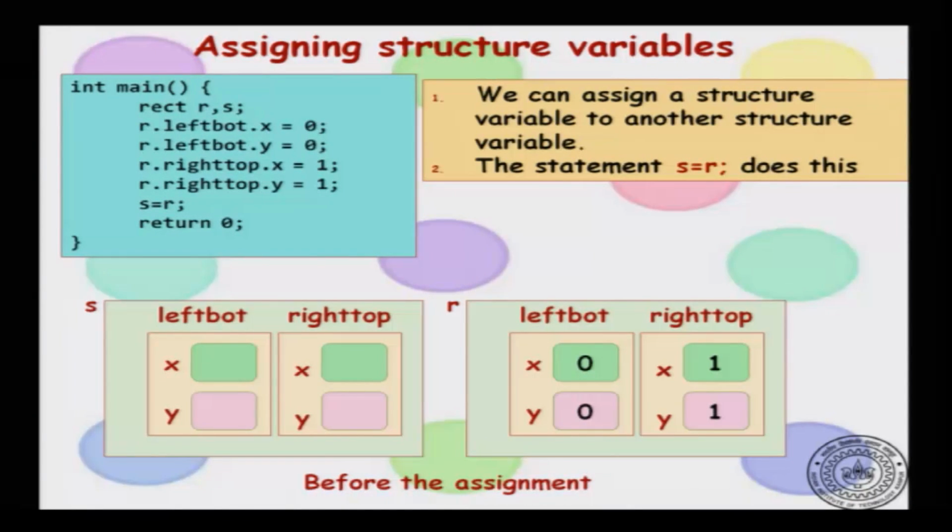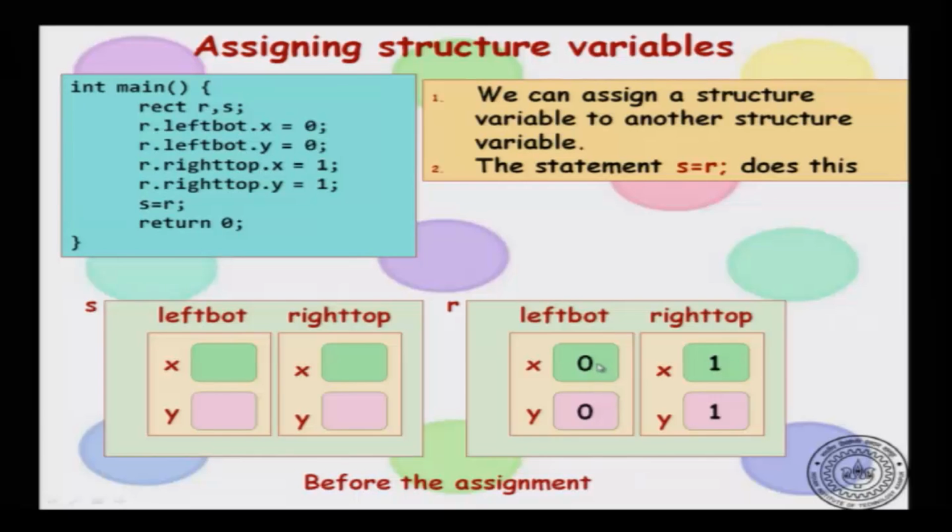So, I define another variable s, which is also a rectangle, and if I say s equal to r, let us see what happens. Before the assignment, r is as follows. You have x y 0 0 and x y 1 1, left bottom and the right top, and s is uninitialized, it has just been declared, but no value has been assigned to it. So, this is the state before the assignment.